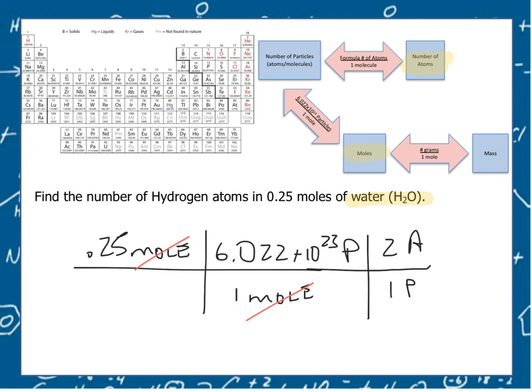So now cancel the particles. The only thing that's left is atoms, so I know I'm ready to go. So I'm going to do 0.25 times 6.022 times 10 to the 23rd times 2. And that gets me 3.011 times 10 to the 23rd atoms.